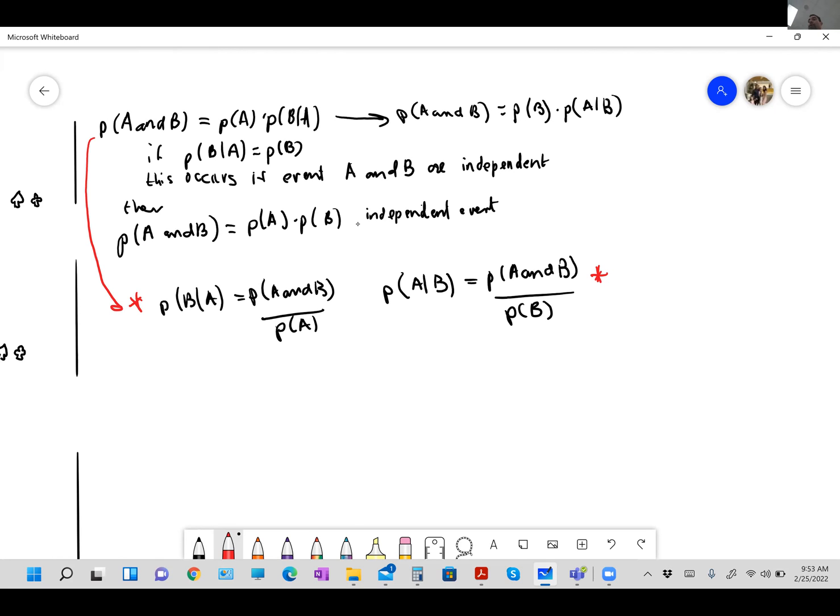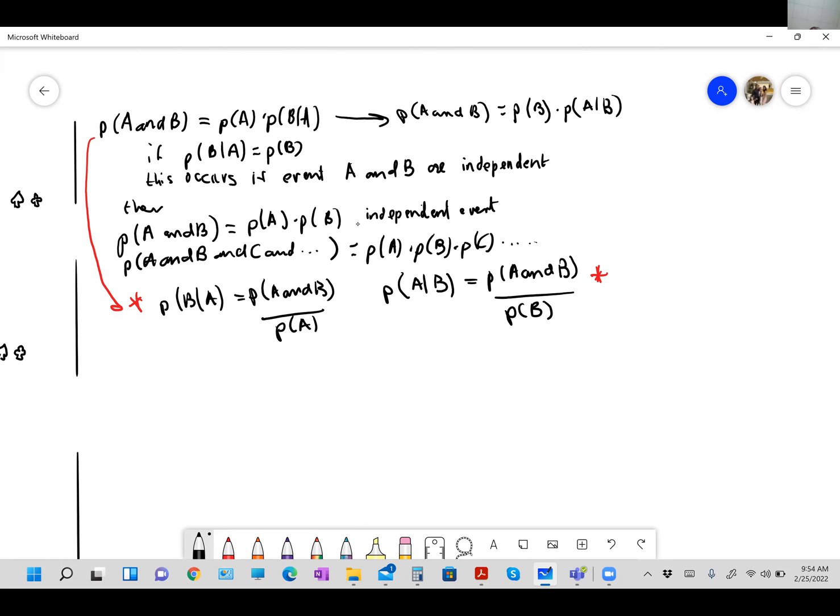We'll go over them. So now, if there's more than two independent events, if it's A and B and C and so on, then this is just the probability of A times the probability of B times the probability of C times dot, dot, dot until it ends.